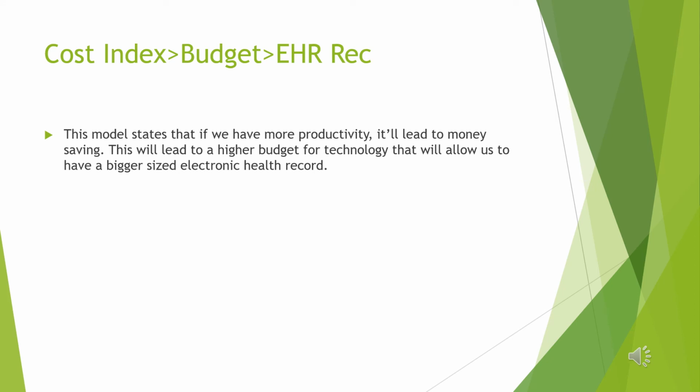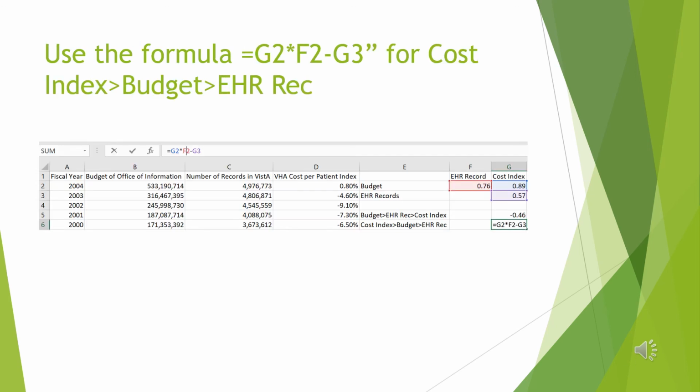And their second model states that having more productivity will lead to saving money, which will lead to a higher budget, and that'll allow us to have a bigger sized electronic health record. For this model, we'll be using a similar formula, except it'll involve 0.89 times 0.76, and we'll subtract that by G3, which is 0.57.